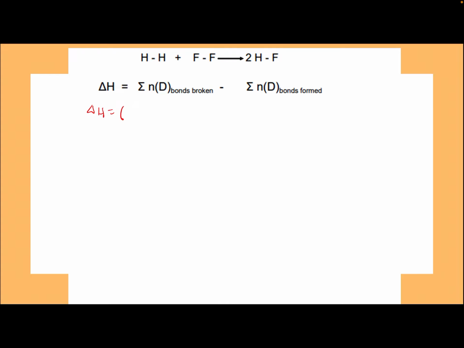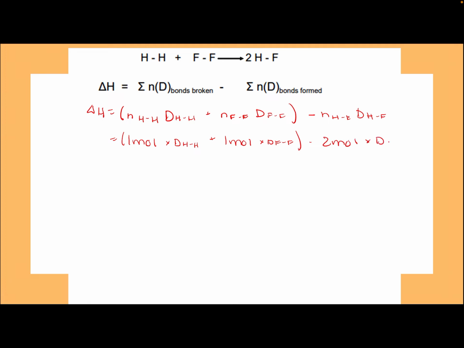Alrighty, so combining our information, we can write it all out. The change in H is n of our H–H bond times D of H–H, plus n of our fluorine times D of F–F, minus n of our HF times D of H–F. So therefore, it is 1 mole times D H–H plus 1 mole times D F–F minus 2 moles times our D H–F.